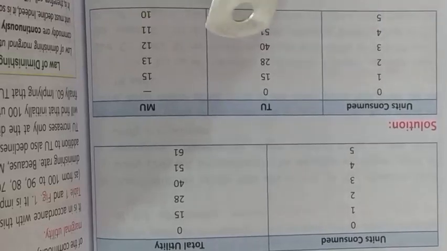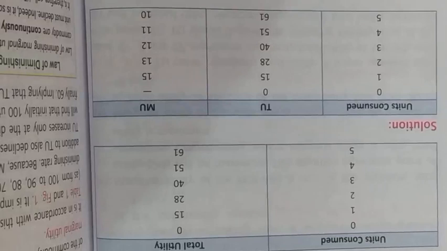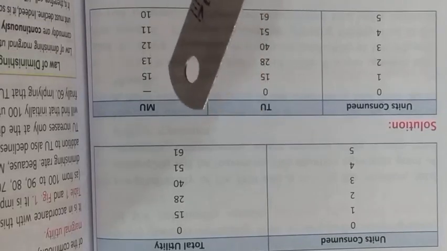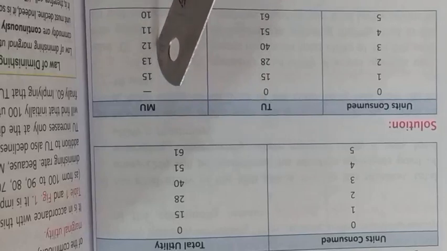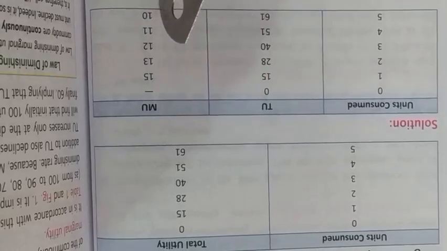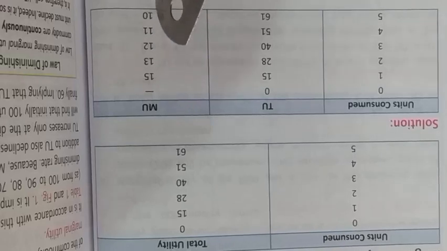The marginal utility is 51 minus 40, that is 11. In the fifth unit, the total utility is 61. 61 minus 51, that is 10. So what we see is that the marginal utility tends to go down. It started from 15 and came to 10.